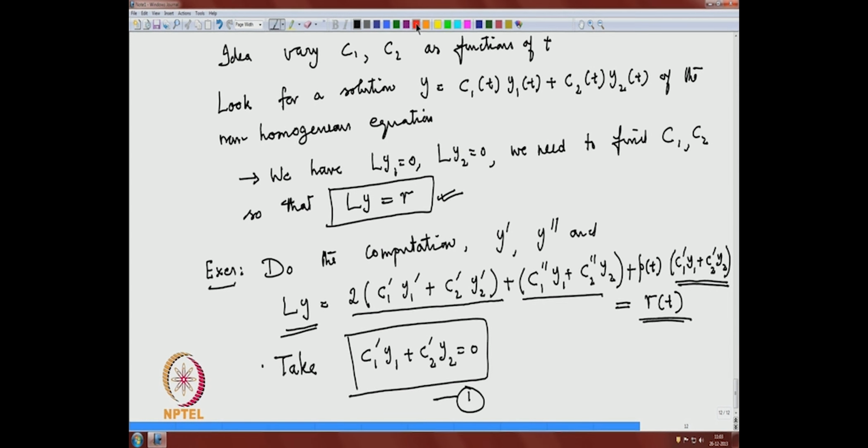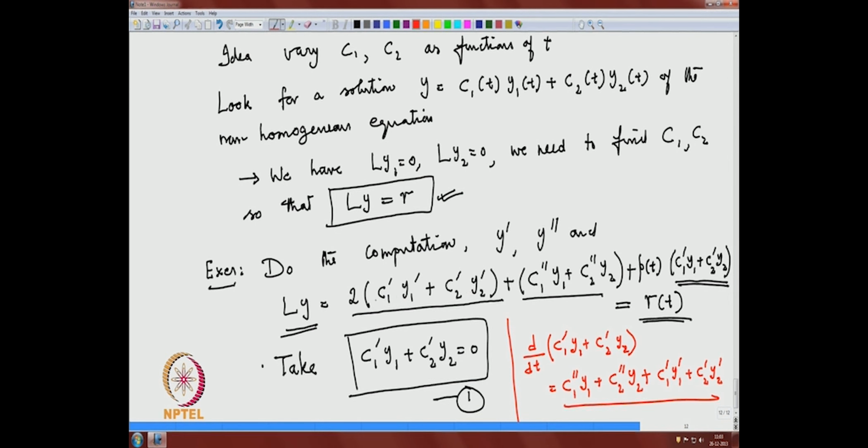If I calculate d by dt of C1 prime y1 plus C2 prime y2, you see this will give you C1 double prime y1, and one more term from here, C2 double prime y2, and then from here I get C1 prime y1 prime plus C2 prime y2 prime.